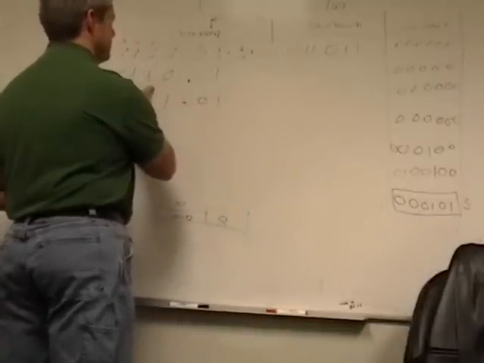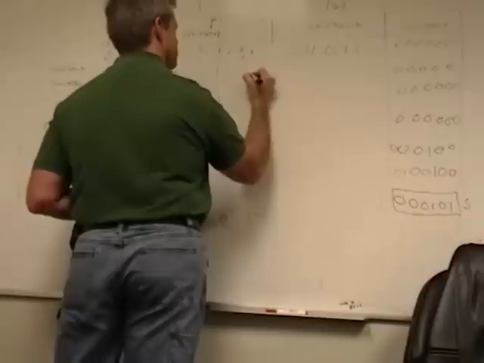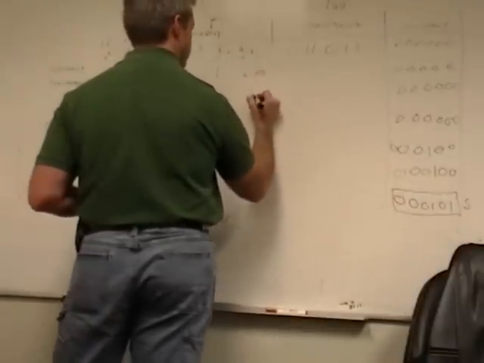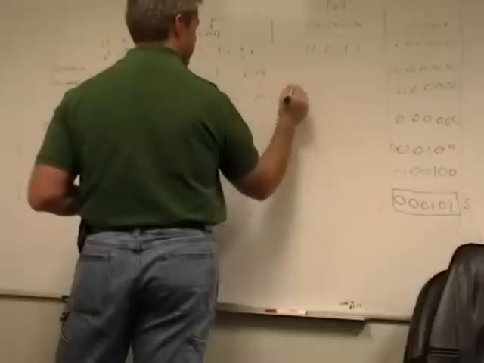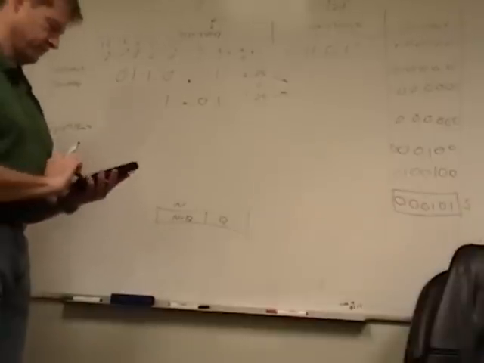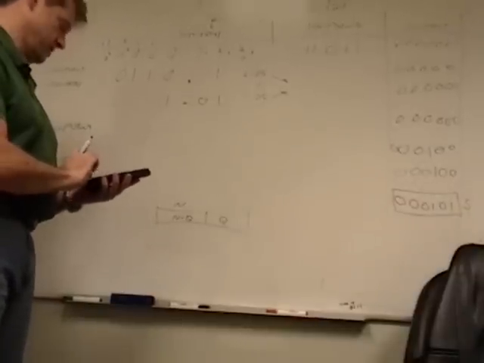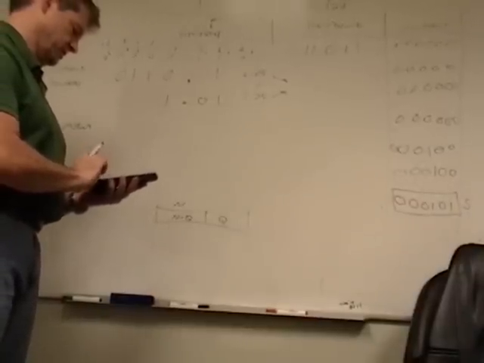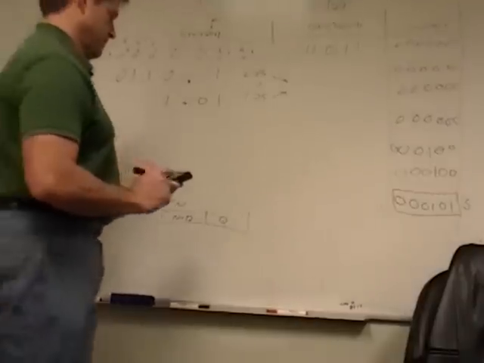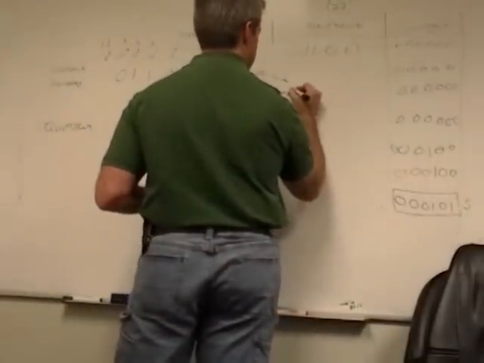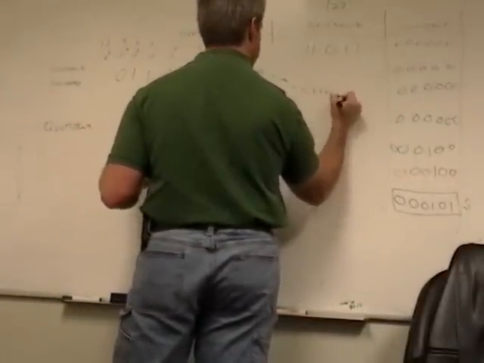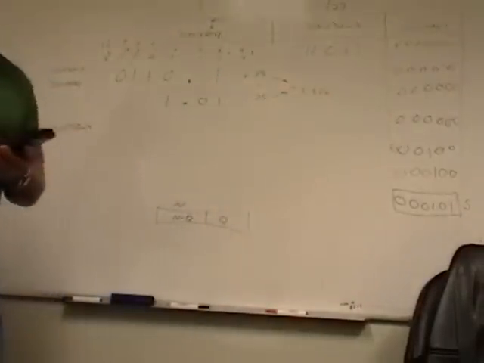So this is 6 3/4, 6.75, and this is 1 1/4, 1.25. If I divide those two, 6.75 divided by 1 1/4, I get 5.4, and then 0.378 ad nauseum.